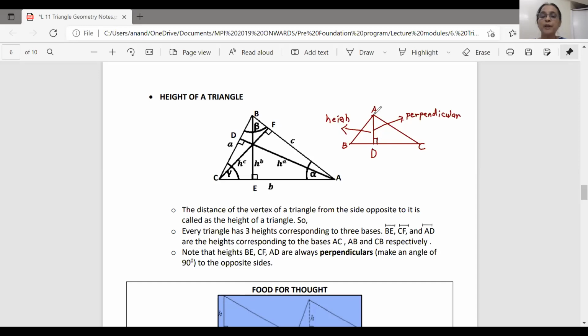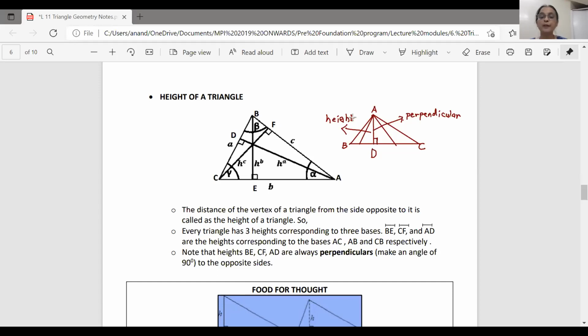So if I'm joining this A, if I'm drawing something like this, it is not a height. If I'm drawing something like this, it is not a height. Height is the smallest distance between the vertex and the opposite side, which I get only when I draw a right angle triangle or when I draw a perpendicular.